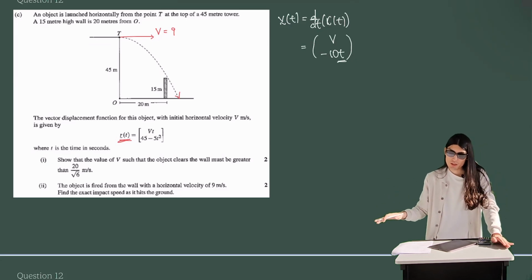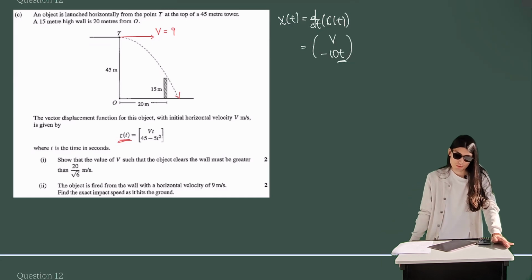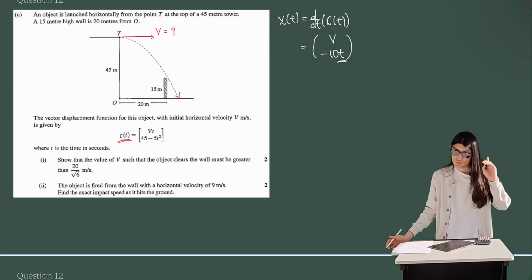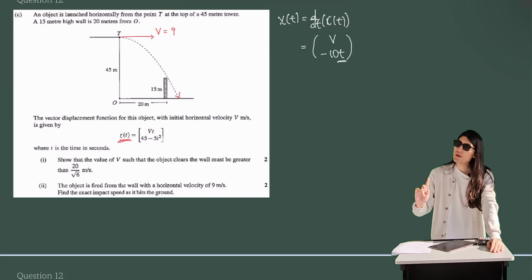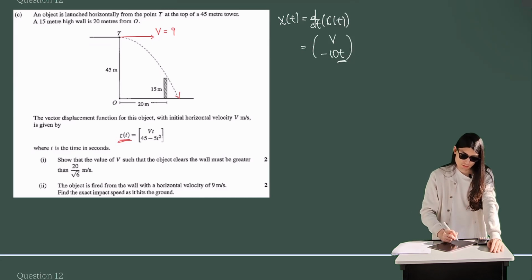So in order to do that, again, the idea is that the time when this projectile is on the ground is the time when its y coordinate over here is equal to 0, isn't it?